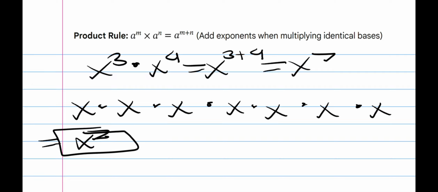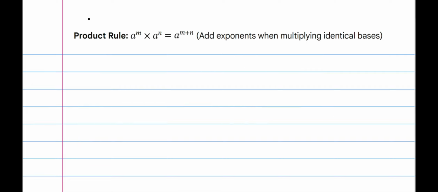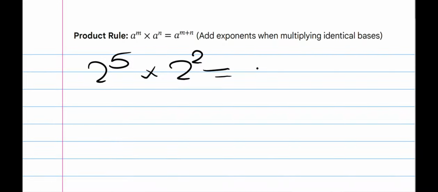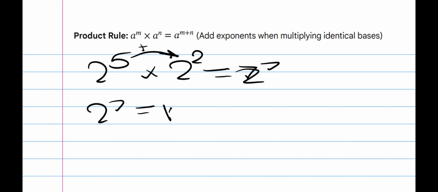So that would be x to the power of 7. Moving on to another example, 2 to the power 5 times 2 squared. Same rule, you just add the exponents. So that would be 2 to the power 7. And if you expand that, 2 to the power 7 is equal to 128.